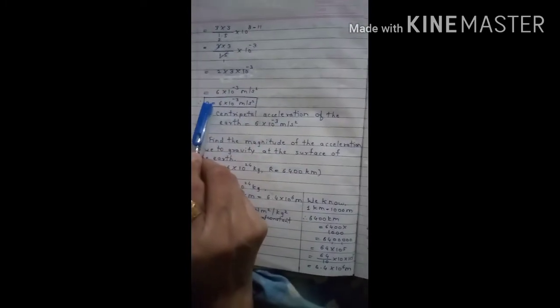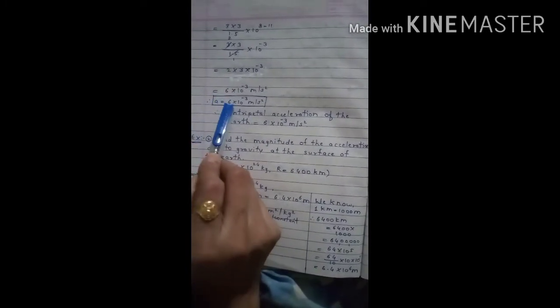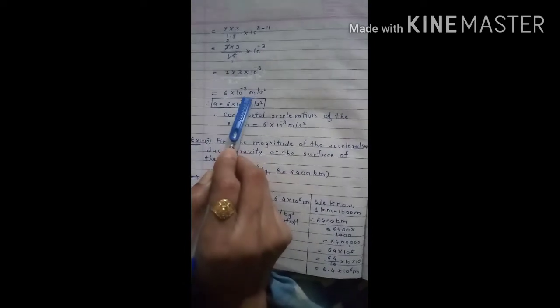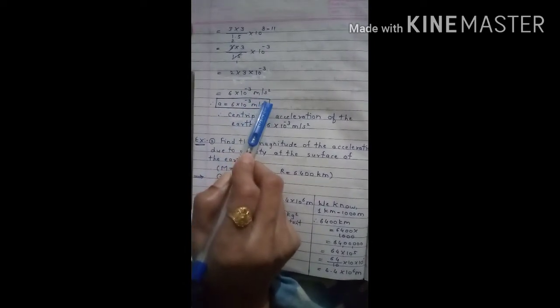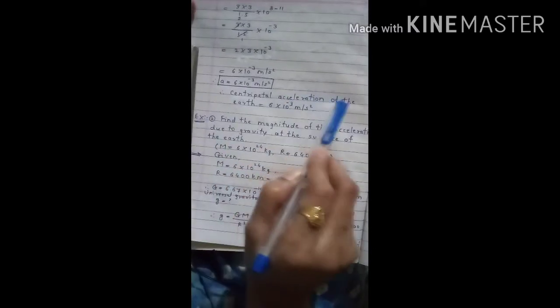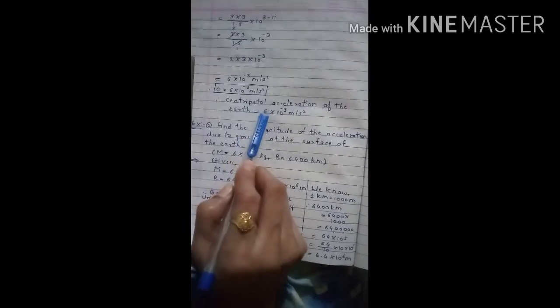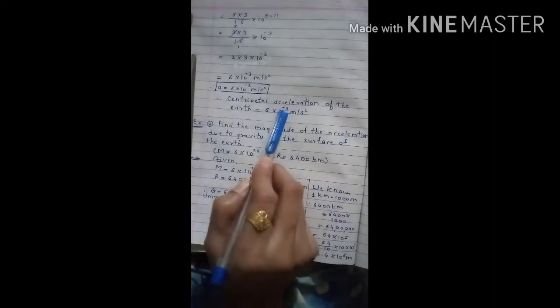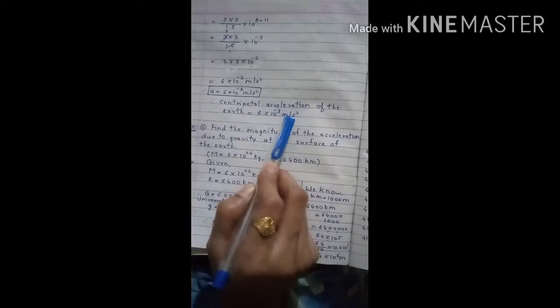So therefore a, that is small a, is equal to 6 into 10 raised to minus 3 meter per second square. So in words we can write this answer like this: centripetal acceleration of the earth is equal to 6 into 10 raised to minus 3 meter per second square.